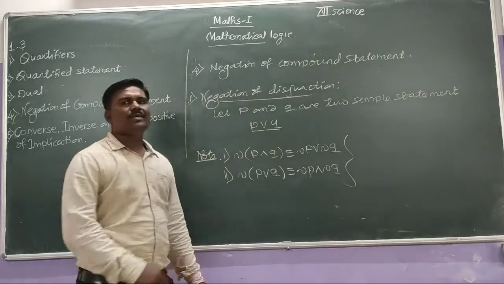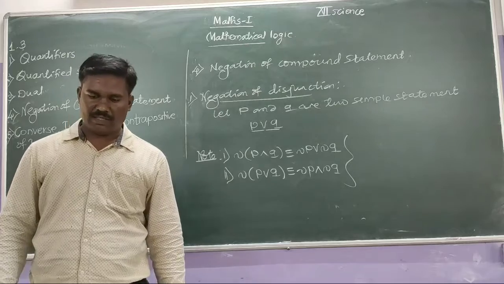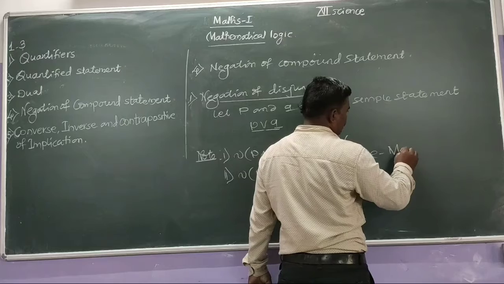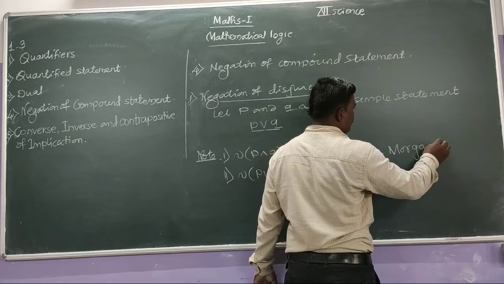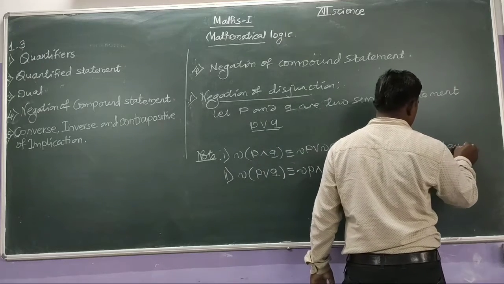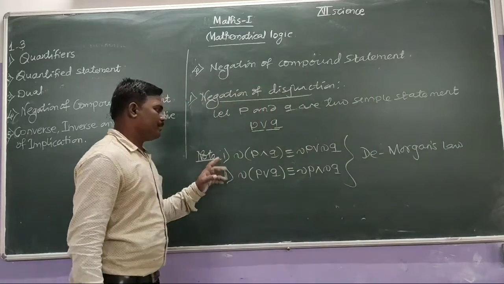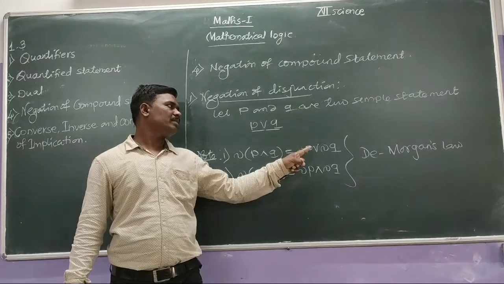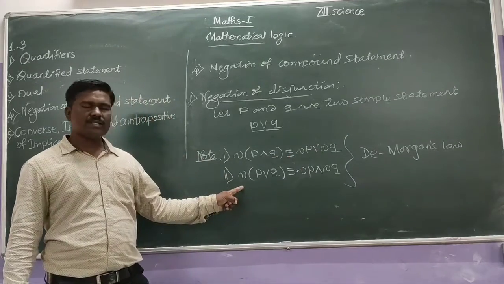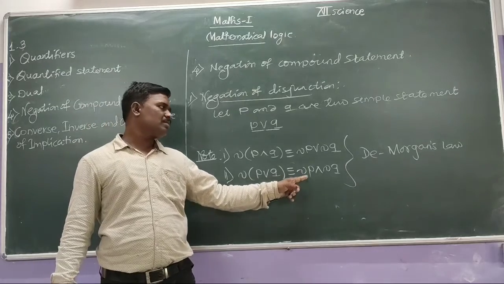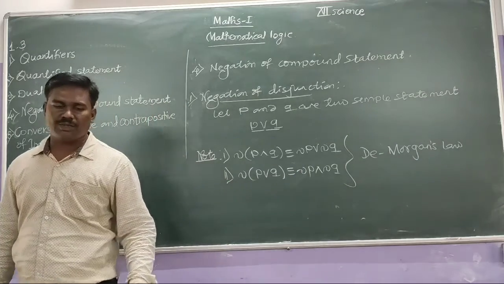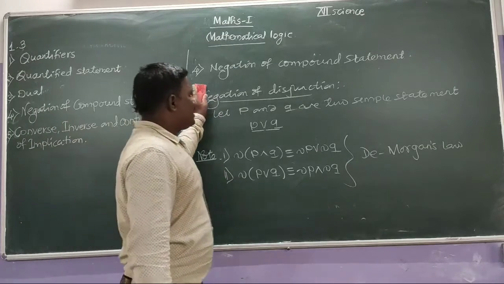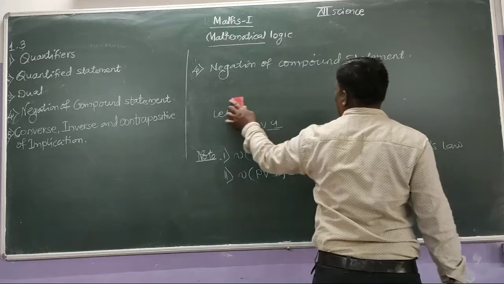These are called De Morgan's laws. Negation of p conjunction q is equivalent to negation of p disjunction negation of q, and negation of p disjunction q is equivalent to negation of p conjunction negation of q. These are called De Morgan's laws.